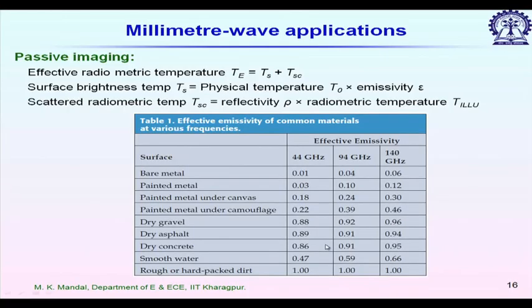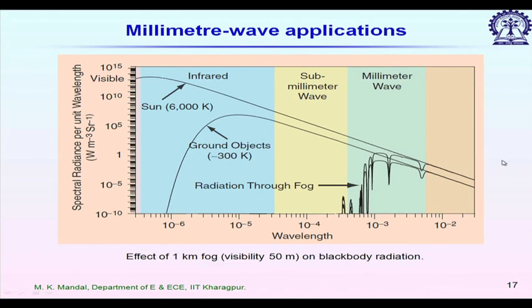Next, let us see what advantage we have at millimeter wave frequencies, particularly for passive imaging. This is showing the black body radiation, which is a function of frequency and temperature. On the left hand side we have spectral radiance per unit wavelength, and along the x axis we are plotting the frequency. The sun has a surface temperature of 6000 Kelvin.